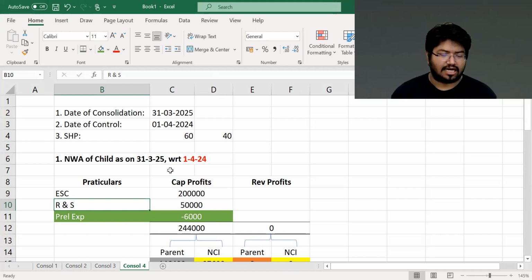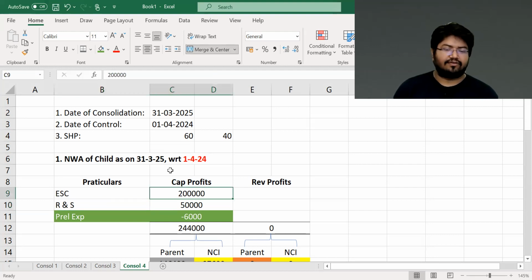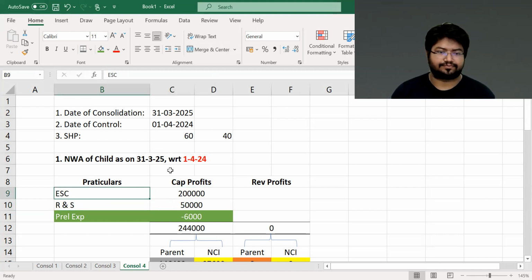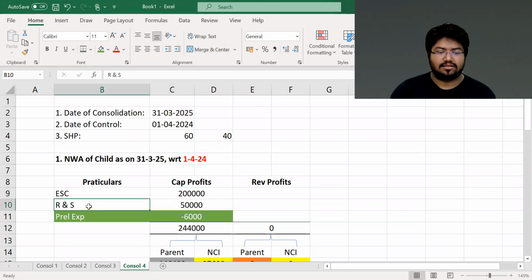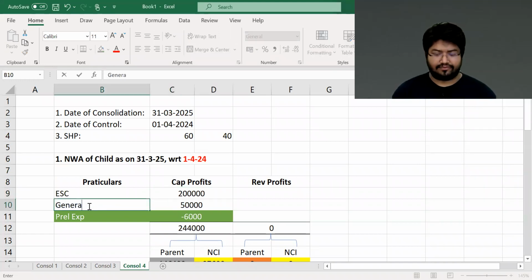Okay. So start with equity share capital. Equity share capital is how much? It is 2 lakhs. Take 2 lakhs. Take general reserve. Below that, beside that, write working note 1.